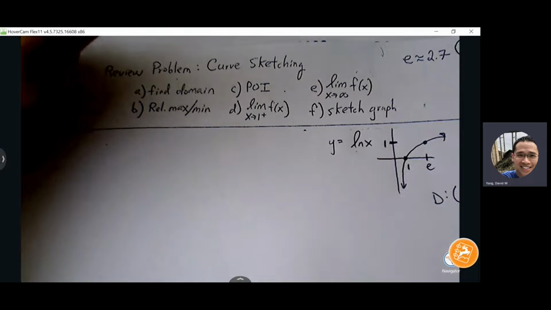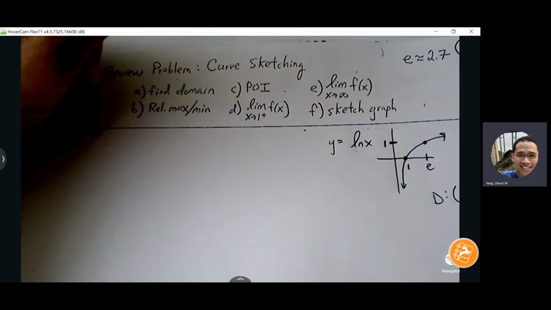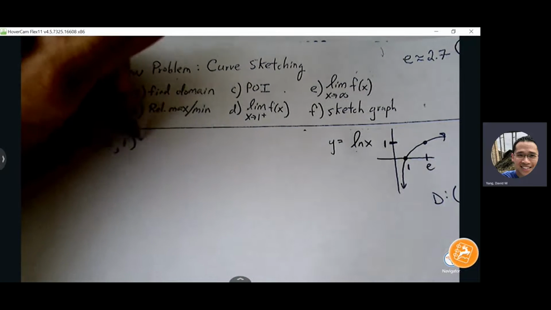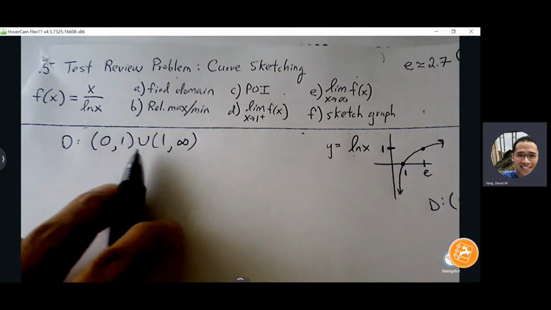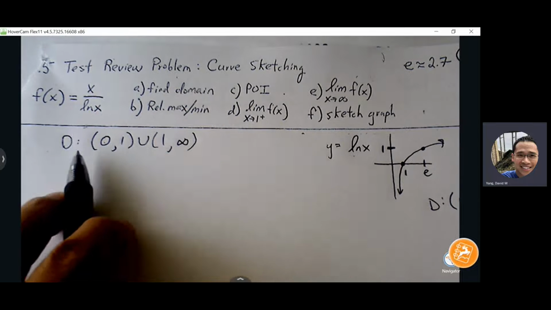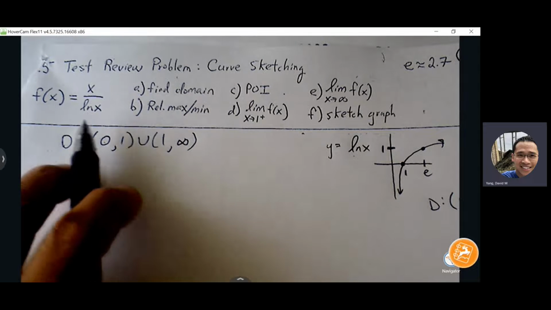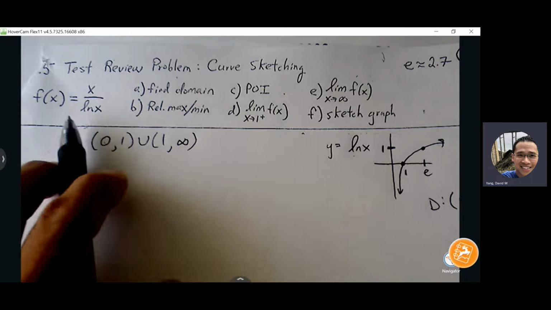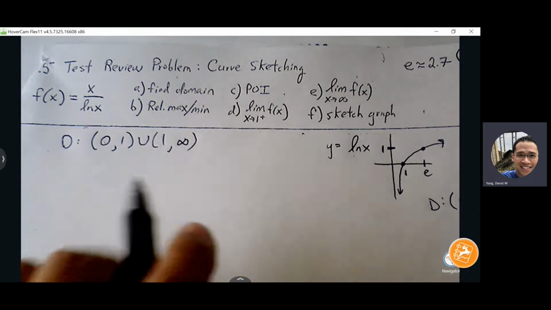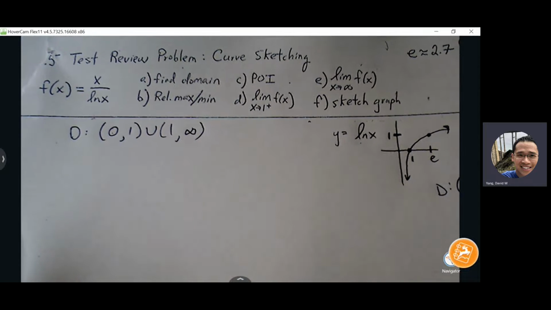If I merge those together, my domain is 0 to 1, and then from 1 to infinity. So this is another way of saying all real numbers except negative numbers and 1. Normally natural log of 1 is fine, but because it's in the denominator, that is causing our function to produce a vertical asymptote.